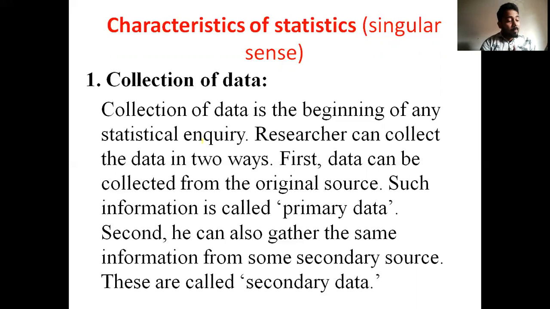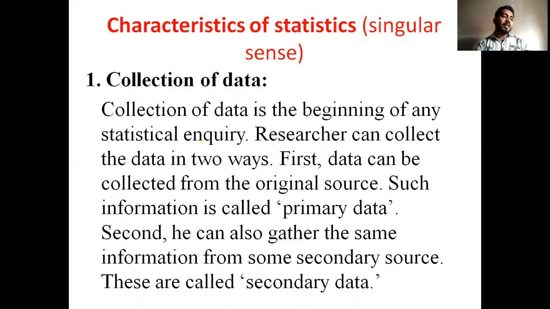Now, in the subject called statistics, the collection of data can be done from two sources. That is, first one, primary source, and second one, secondary source. So it's also known as primary data as well as secondary data.